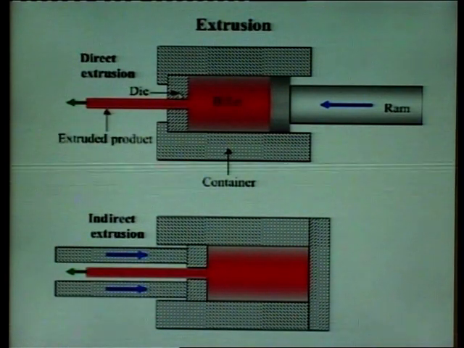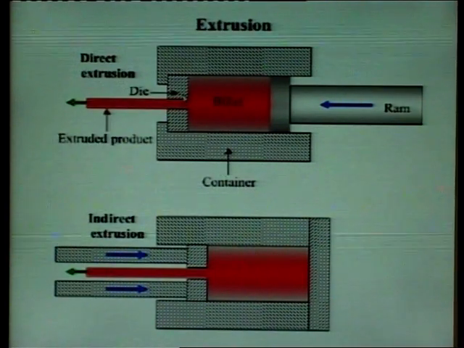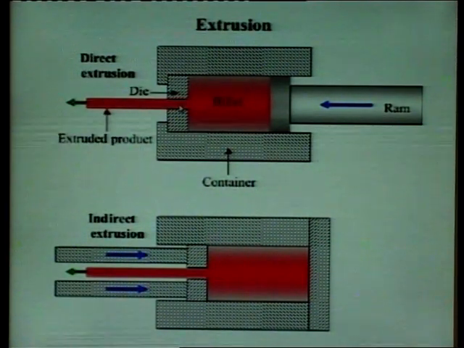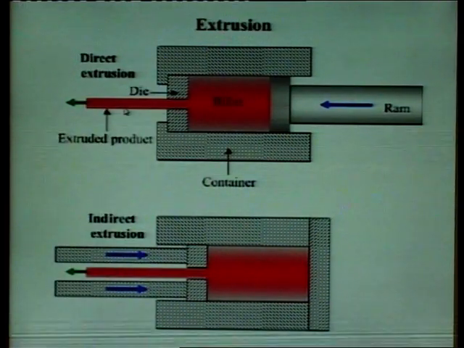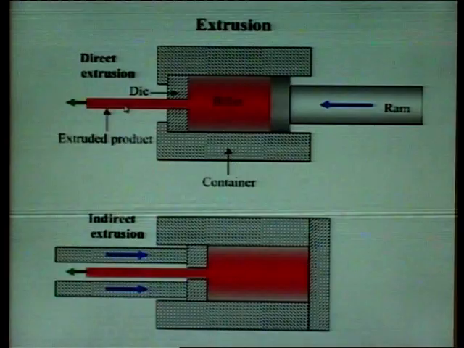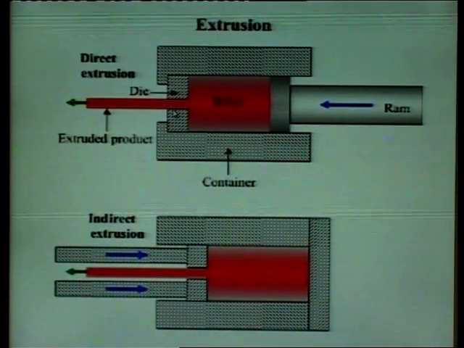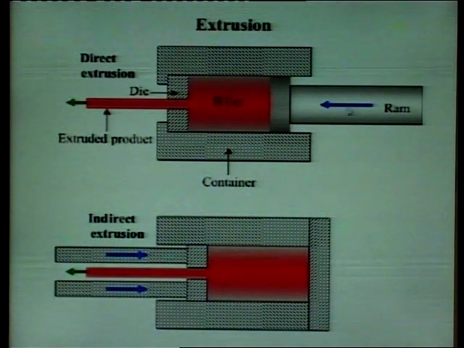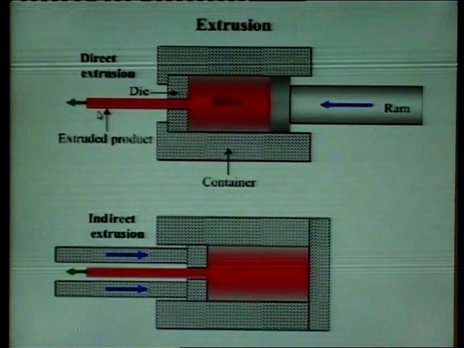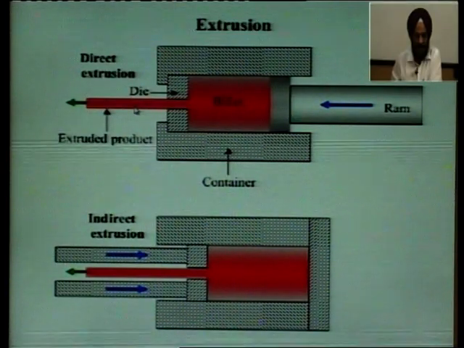This is the shape which we want. The shape is the same or the reverse of what we want. The shape of the extruded product will depend upon the shape of the die. So you are pushing the material from here and you are getting the extruded product here.